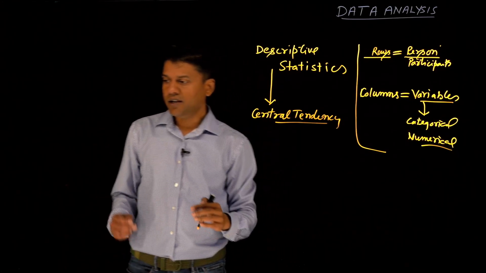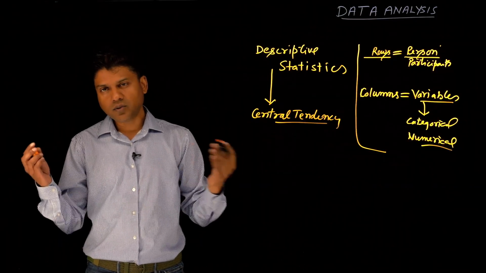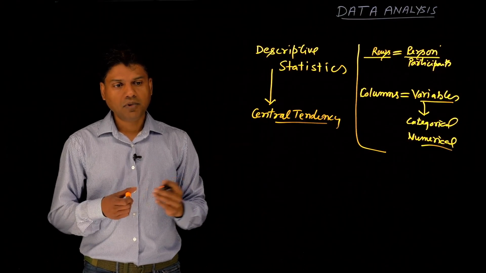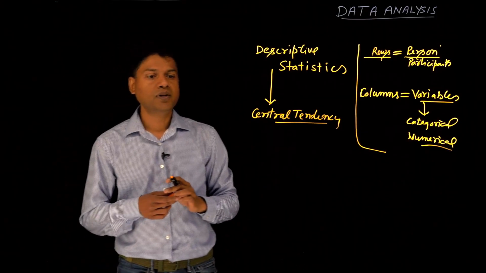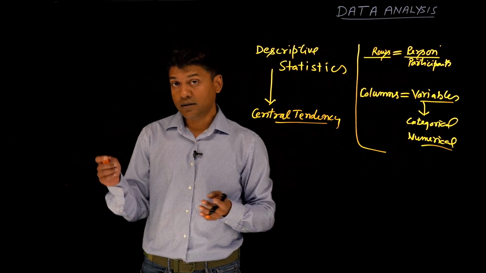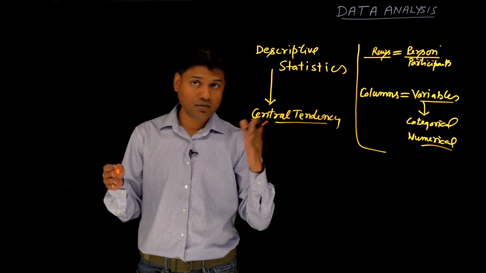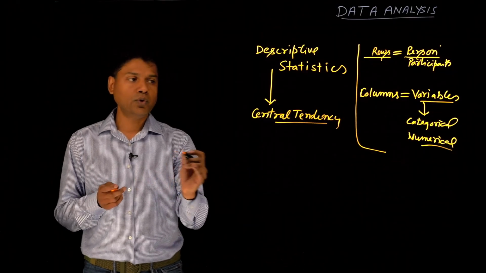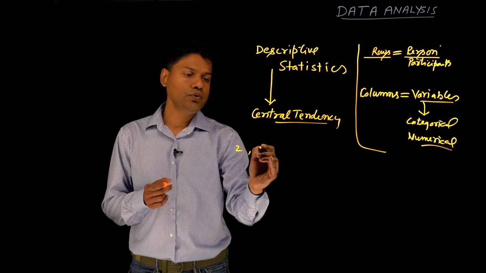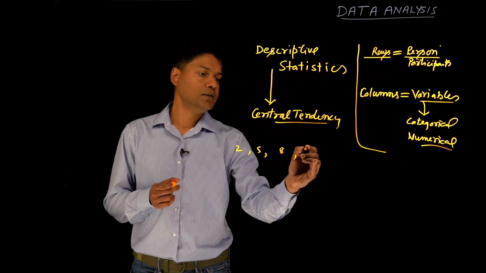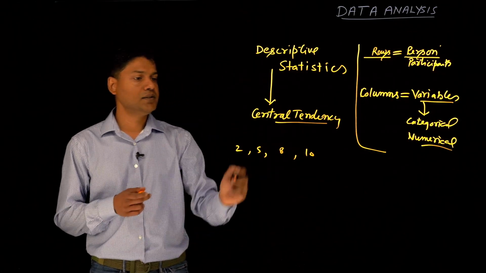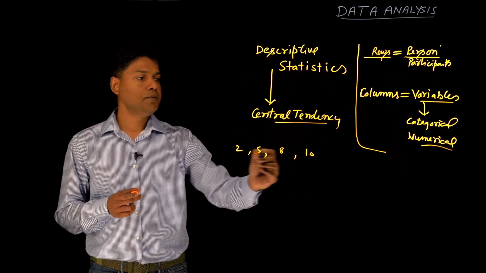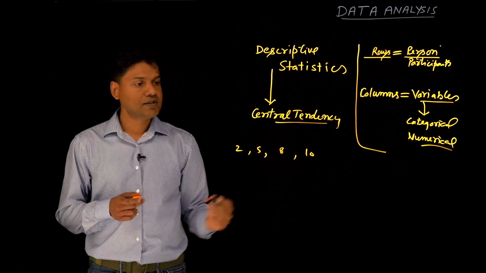For instance, let's say I have a score of student stress level, and that score varies from 1 to 10, 10 maximum, 1 minimum. Let's say I have scores of 2, 5, 8, 10, and this is from 4 people, 4 participants.